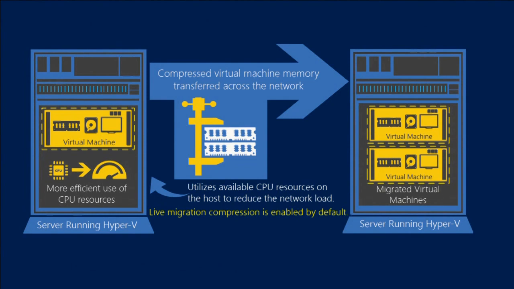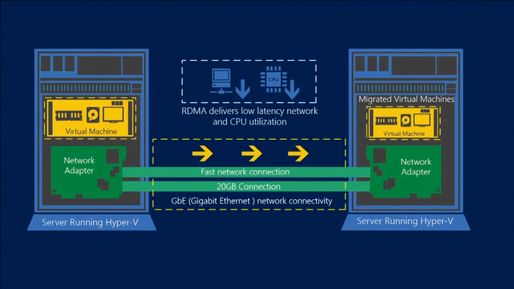So if you were in a situation where you had a physical computer that was flat out using all of its CPU just running virtual machines, and you did a live migration, yeah, we wouldn't use compression. We would detect that and we would back off. But in all the workload testing we've done, there's almost always CPU cycles available, but we are very careful to make sure we don't affect the performance of the workload running inside the virtual machines.